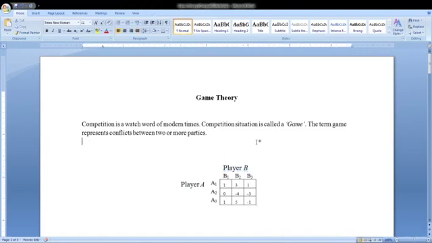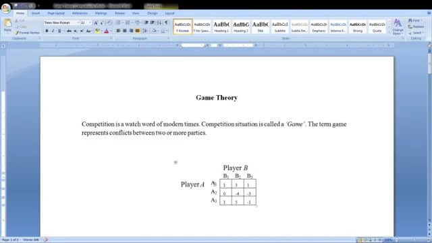Now, when they are playing, player A has strategies, and player B also has strategies. It is just like playing a chess game, where two players try to beat each other.